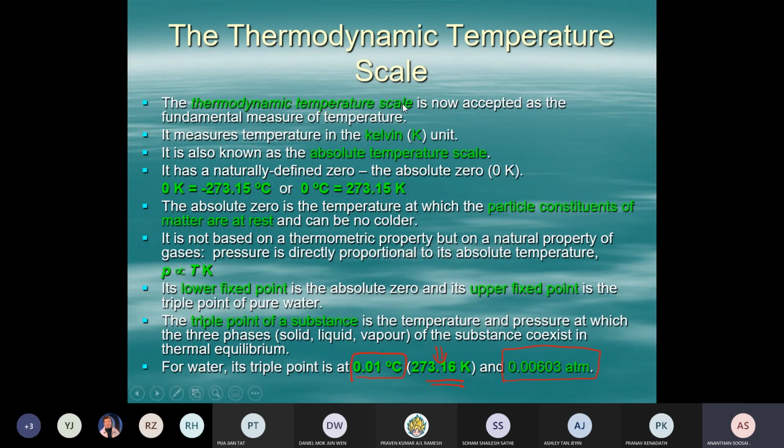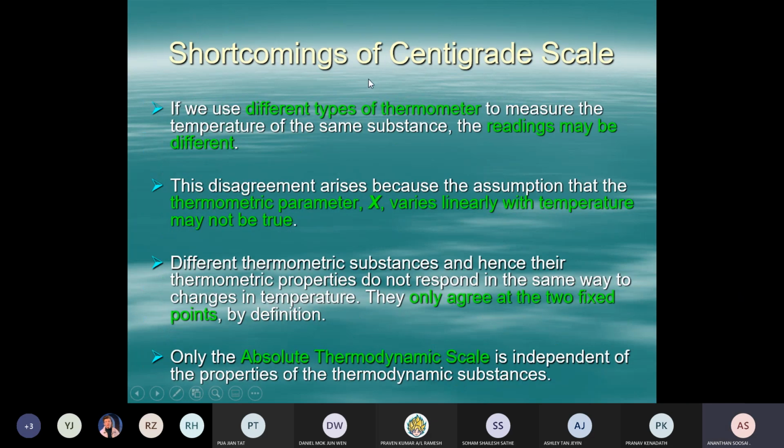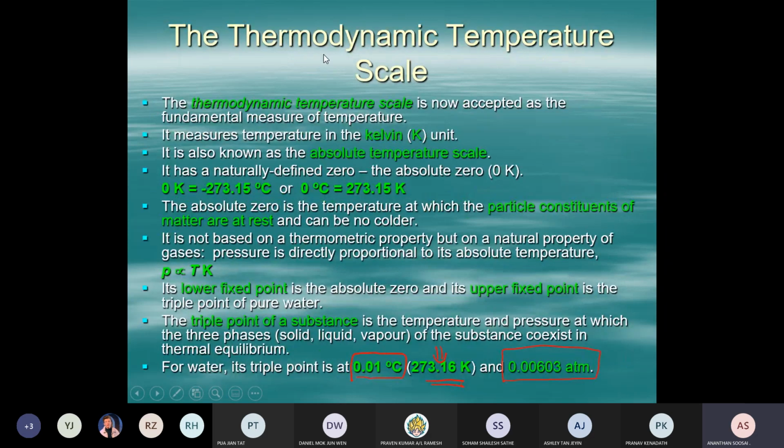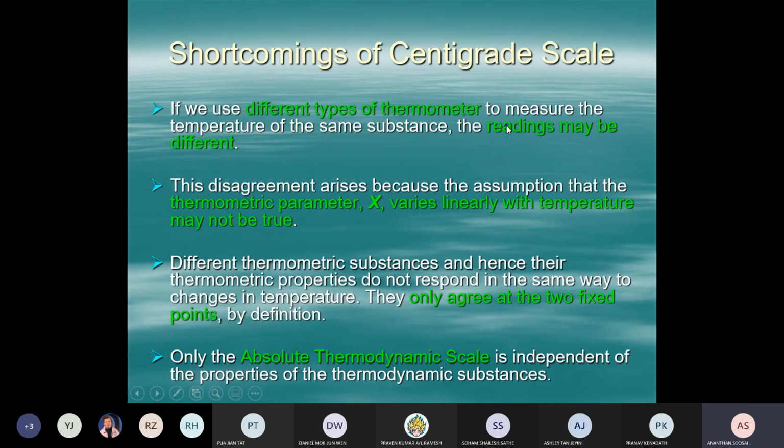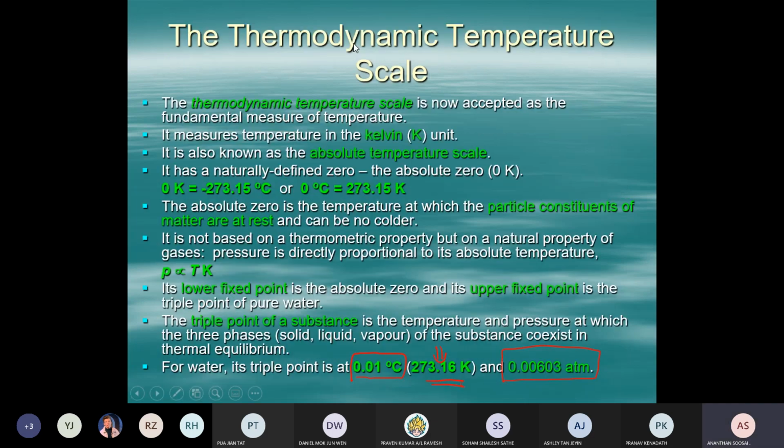In the exam, they will ask, what's the difference between the centigrade scale and the thermodynamic scale? The centigrade scale works based on a thermometric property. The thermodynamic scale works based on the ideal gas law, where pressure is directly proportional to thermodynamic temperature. The centigrade scale has two fixed points, the melting point and boiling point of water. The thermodynamic scale also has two fixed points.